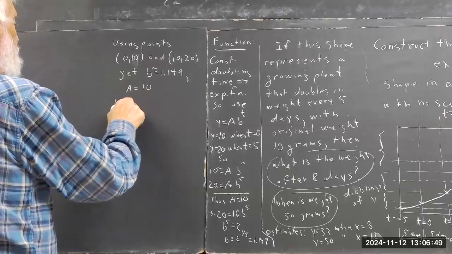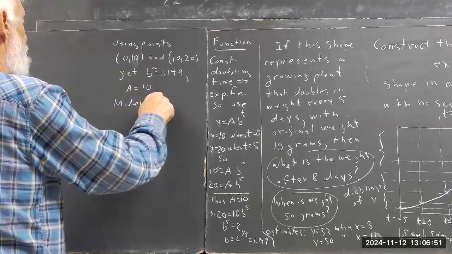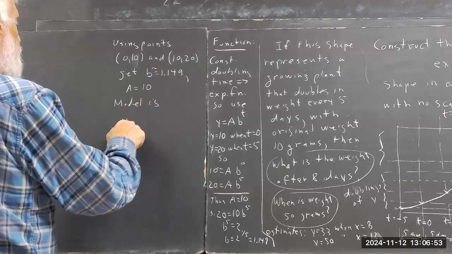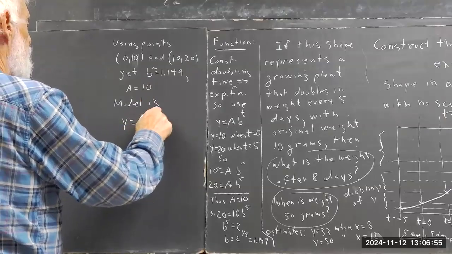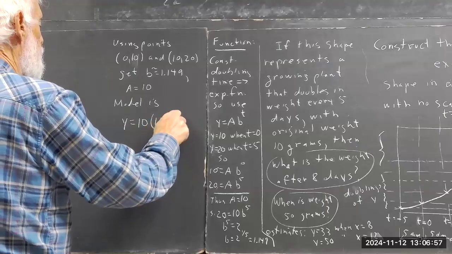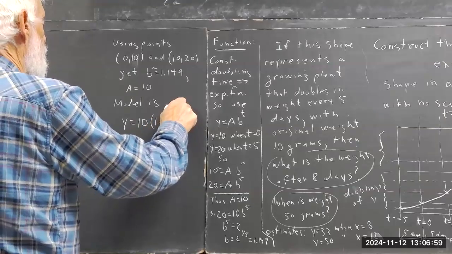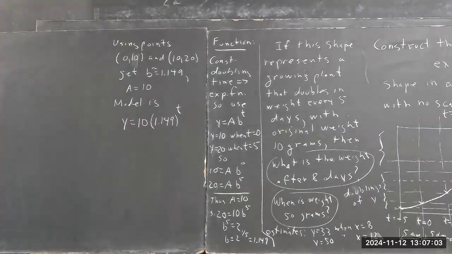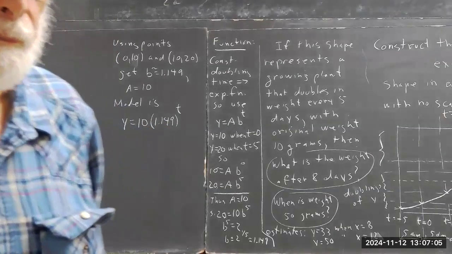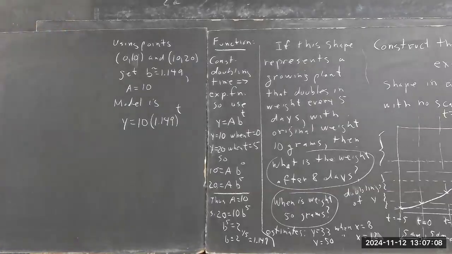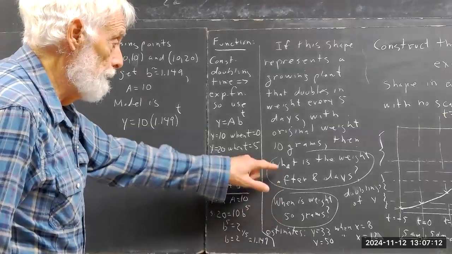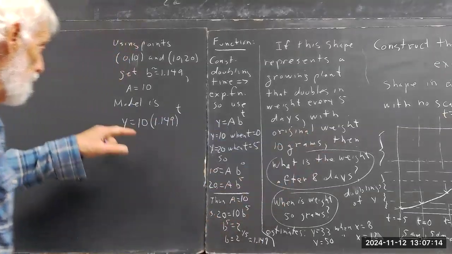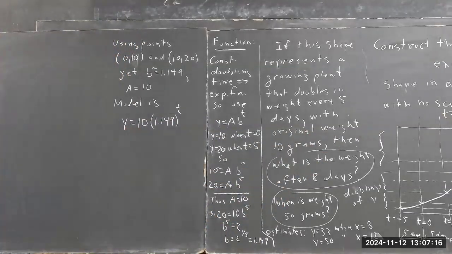So the model is y equals 10 times 1.149 to the t. So now answer these two questions again, not using the graph, but using the equation.